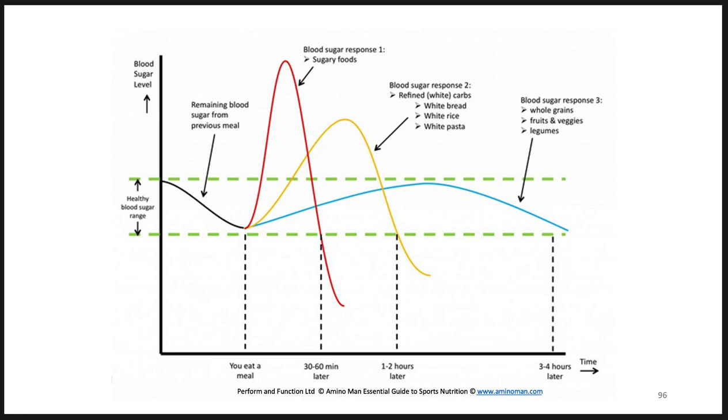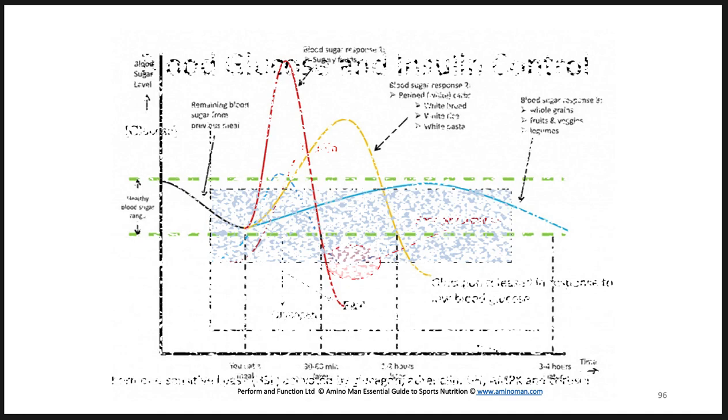So ways that we can look at average blood glucose and the efficiency of the insulin and glucose disposal system.